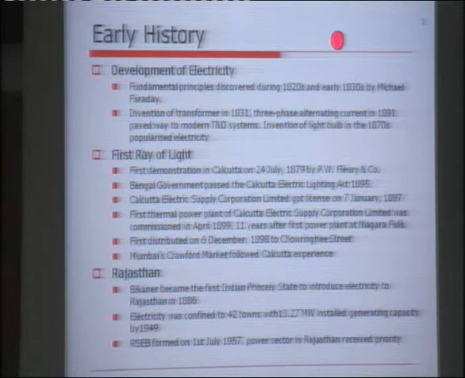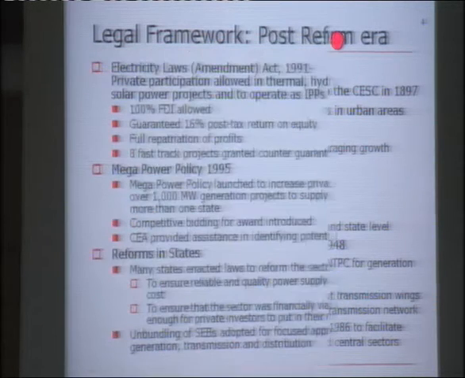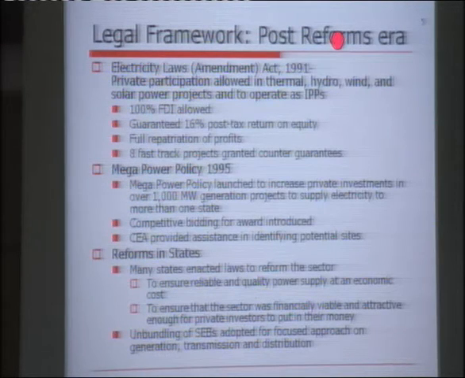Okay, the transformer came in 1831 and AC current in 1891, and the invention of the light bulb in 1870 popularized electricity. Okay, और ये कुछ back histories हैं कि how electricity came to India. Okay, और राजस्थान में, in Rajasthan, Bikaner was the first Indian state to introduce electricity in 1886.